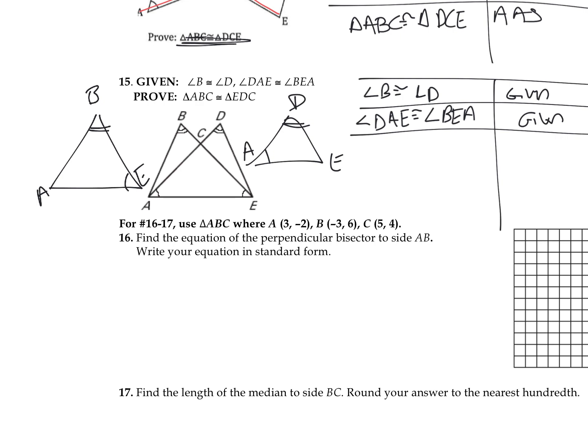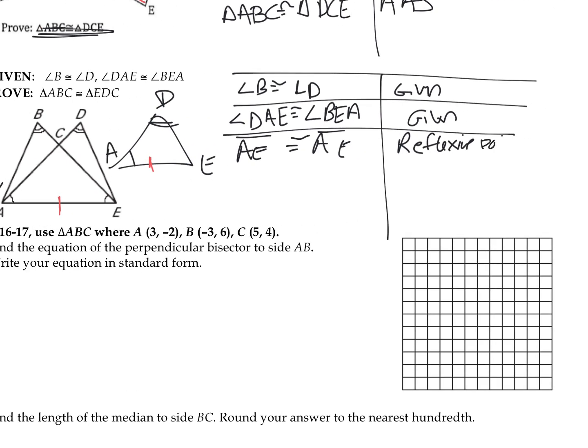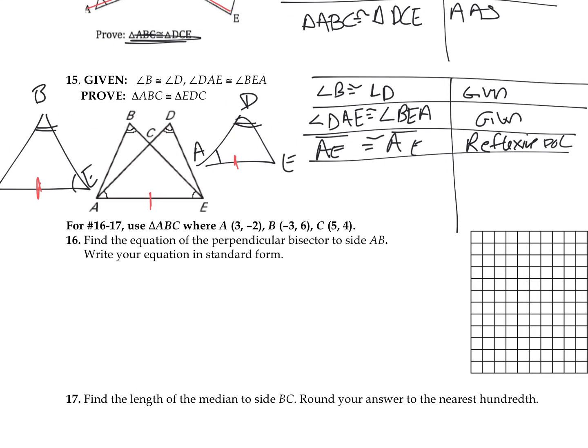And so what we can now say, we have 2 sets of angles, but in the middle, we have that this piece has to be equal to this piece because it's reflexive. So we can say side AE is congruent to side AE by the reflexive property of congruence. And so now we have that triangle BEA is congruent to triangle DAE by angle side.